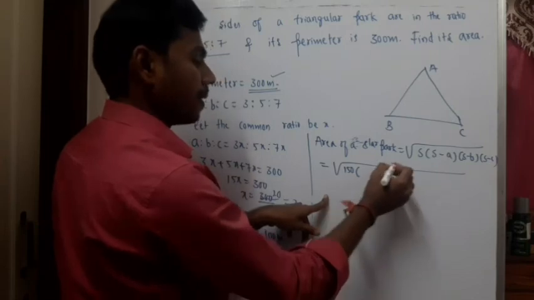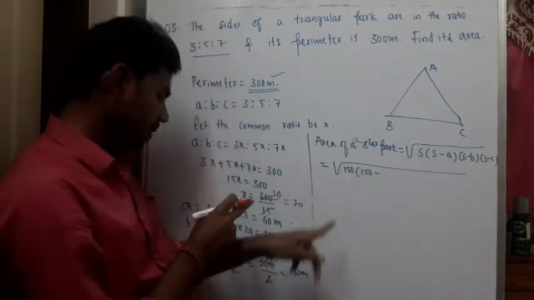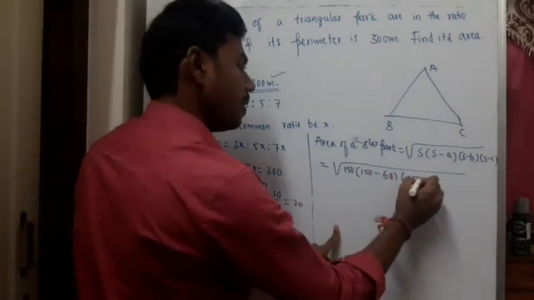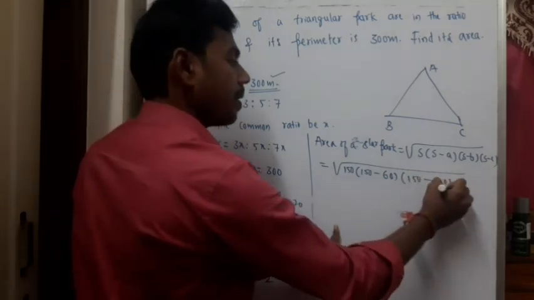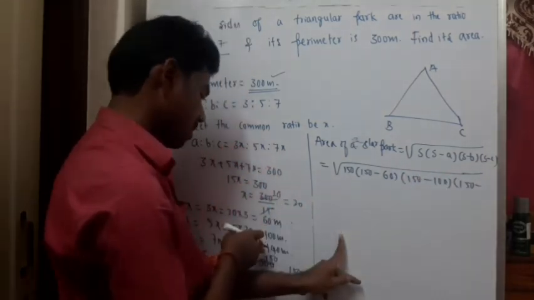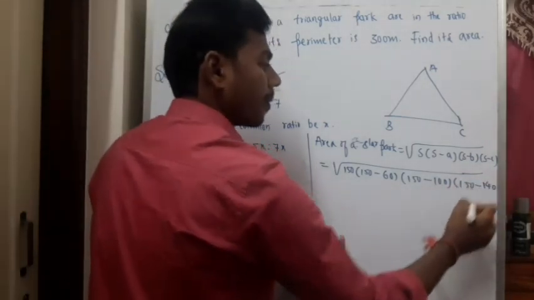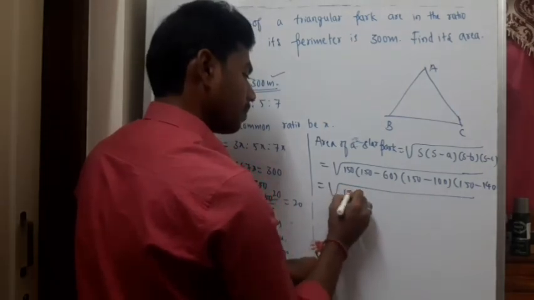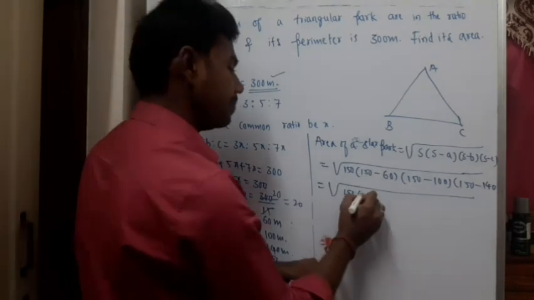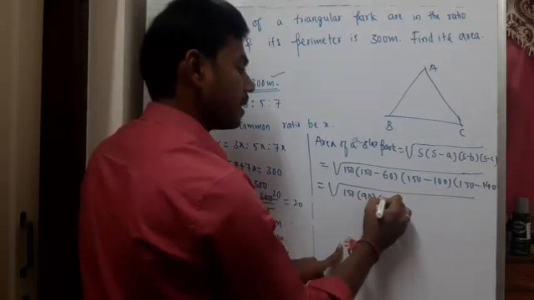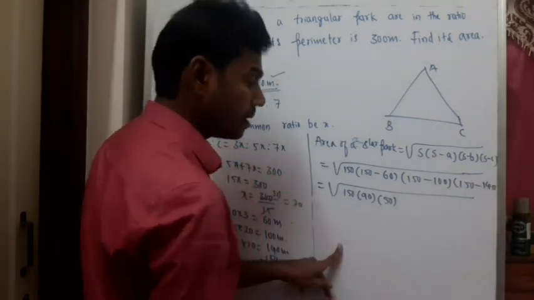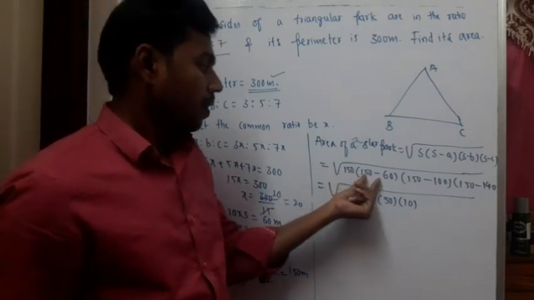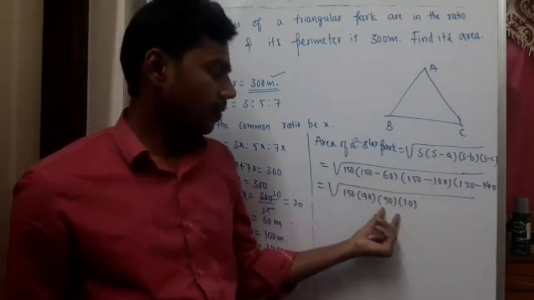S minus A, 150 minus 60, multiplied by S 150, minus B 100, again 150 minus C 140. Fine. 150 into 150 minus 60 is nothing but 90. Next 150 minus 100 is nothing but 50. 150 minus 140 is nothing but 10.